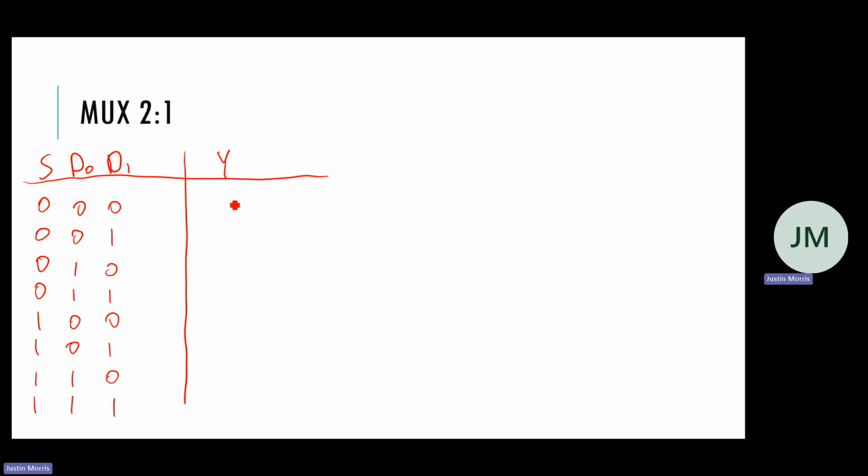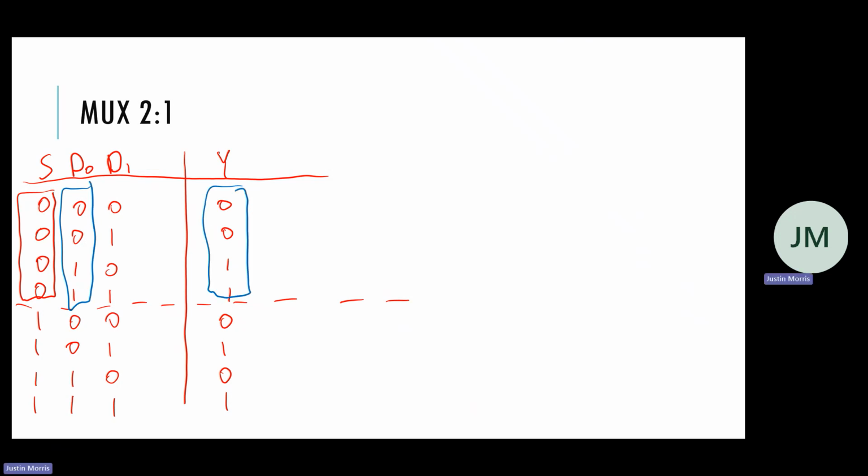So if S is 0, we need to be D0. So 0, 0, 1, 1. And then if S is 1, we need to be D1. So 0, 1, 0, 1. And then the way that we get to the simplified truth table is we notice here, S0, and let me just change colors, D0, D0, right?